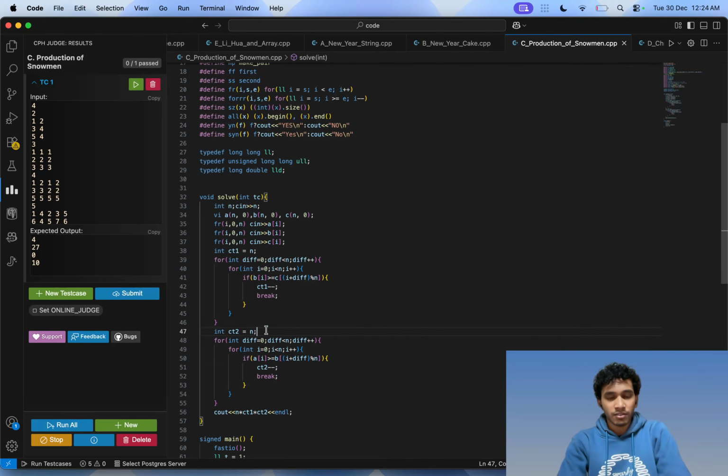Total number of choices for J were n. Now at the end, just output n into the choices for J and choices for K. That is it.